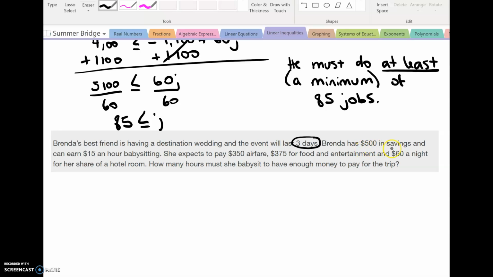Now she has $500 in savings and can earn $15 an hour babysitting. So her income, or the amount of money that she has, is going to be $500 plus 15 times, which is the amount she charges per hour of babysitting. So I'm going to say times hours.